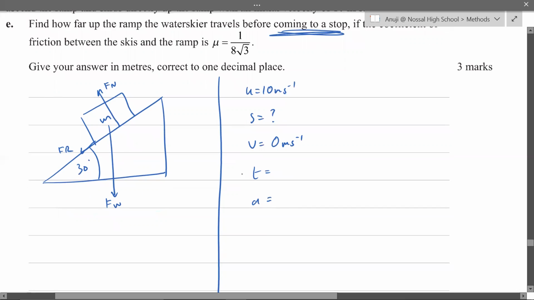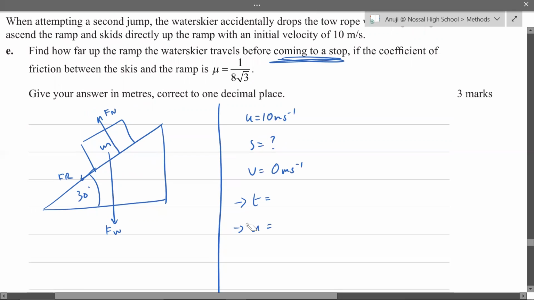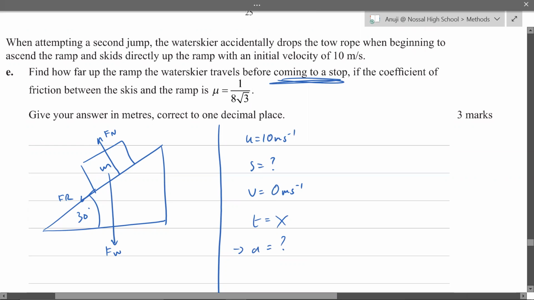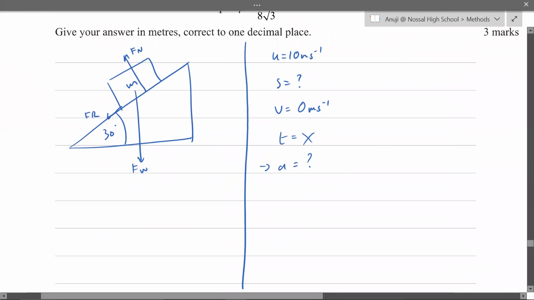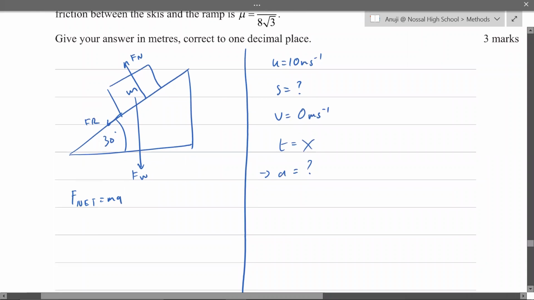So we have a choice to find time or acceleration, but given the information we have, you can tell that we're going to end up finding acceleration, not time, because what we have are the forces, and when you have forces, the thing to use is F net equals ma.